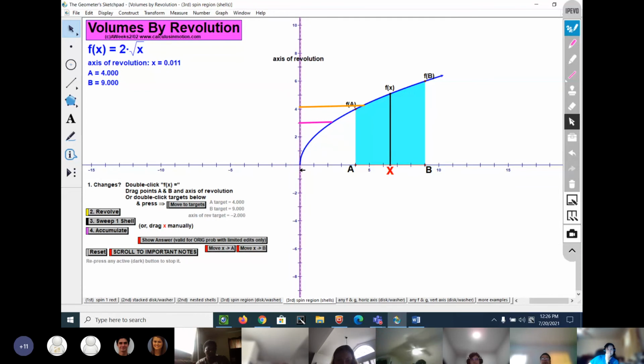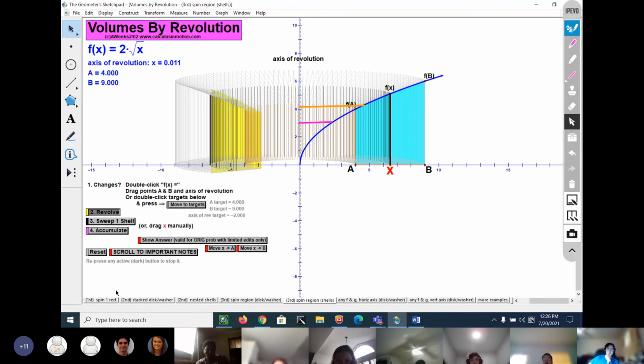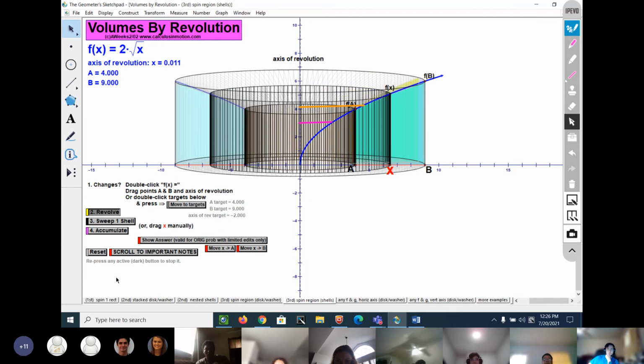So there's the axis of revolution. That means that this is the outside diameter and this is the inside diameter, and it's the same function. Well, that's a dead giveaway for the shell. So I just thought you might want to make a note of that. And that's basically what it's going to look like.